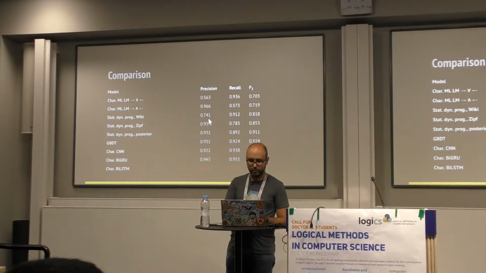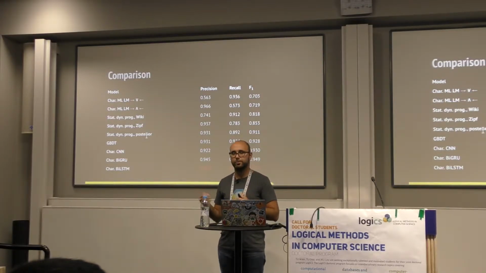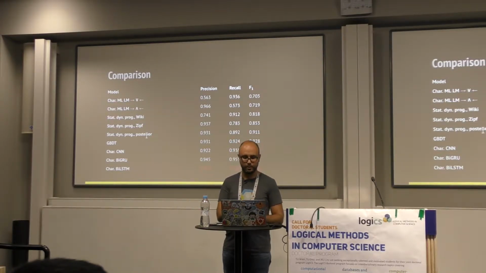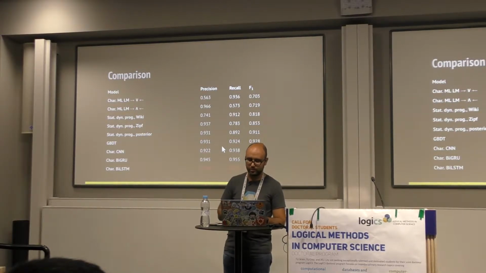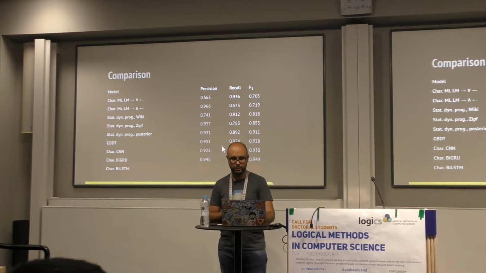Dynamic programming works best with the factual distribution of your subtokens in the dataset, so the posterior distribution, and it reaches 93% precision, 89% recall. Boosted trees performed not so good for some reason.